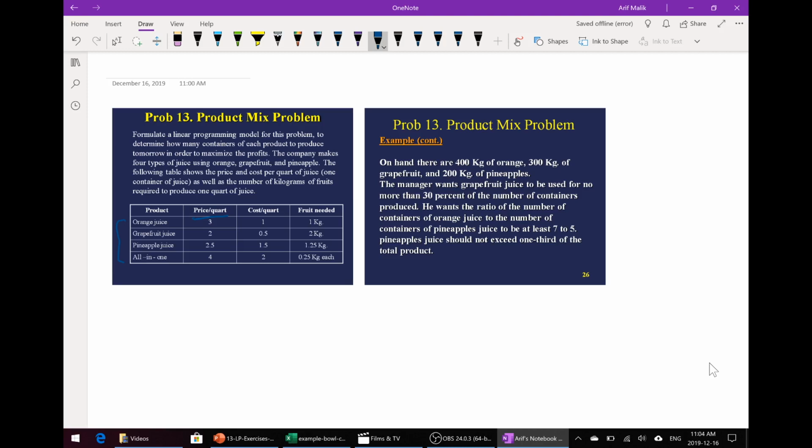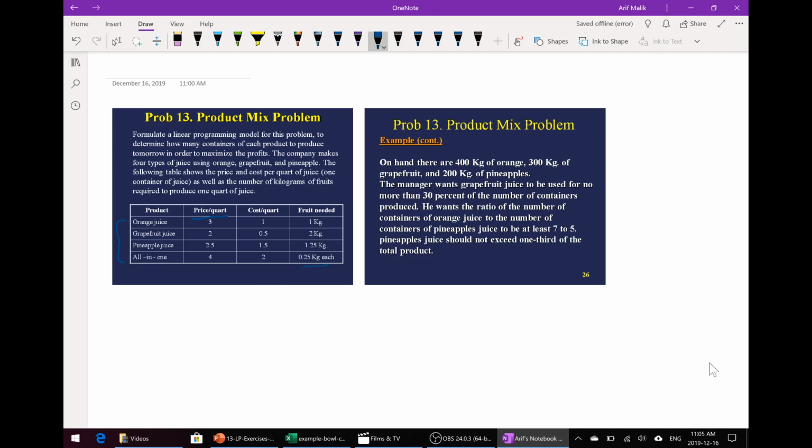And how much fruit is required is given in the last column. For example, to make 1 quart of orange juice, 1 kilogram of oranges is needed. Similarly, for grapefruit, we need 2 kilograms of grapefruit, etc. For making all in one, which depends on orange, grapefruit, and pineapple, 0.25 kilogram of each is needed.